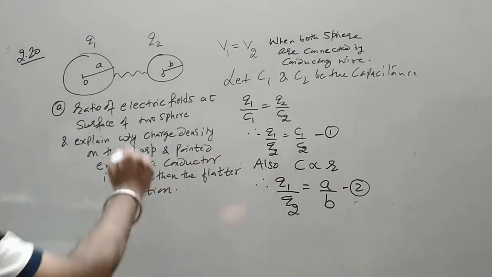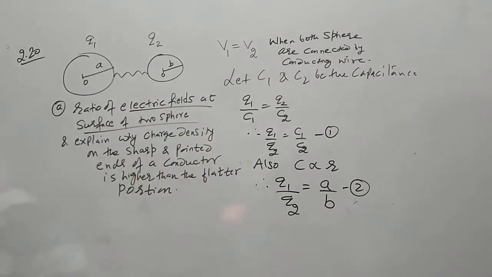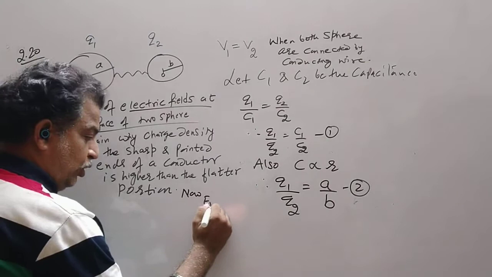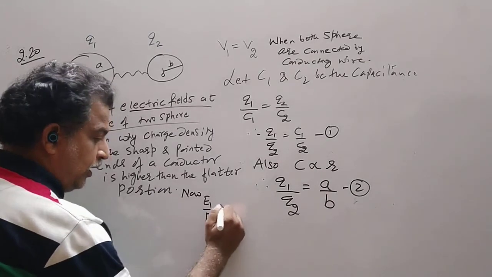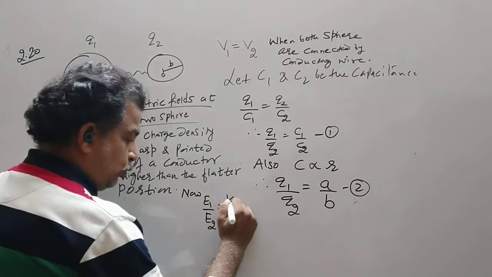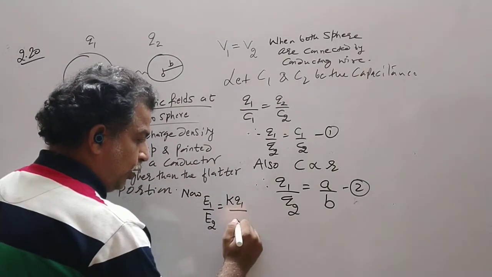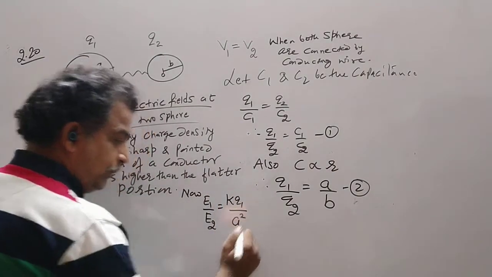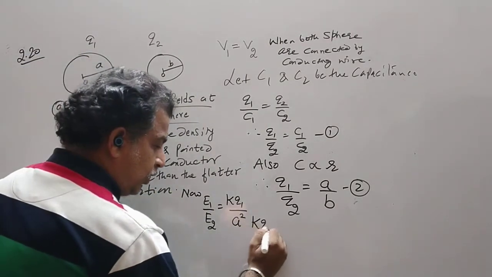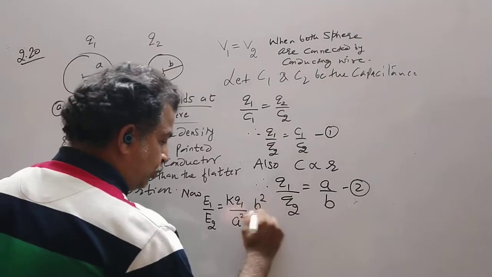Now you have to find out the ratio of the electric field at the surface of the two spheres. Now E1 upon E2 is equal to, for a sphere, KQ1 upon A square, and for E2 it becomes KQ2 upon B square.